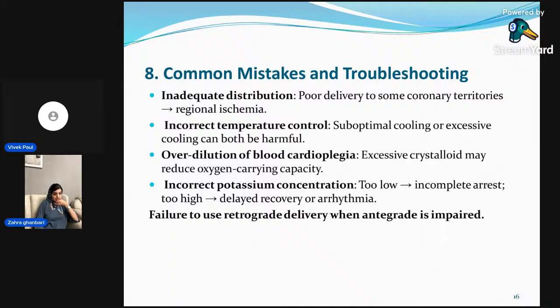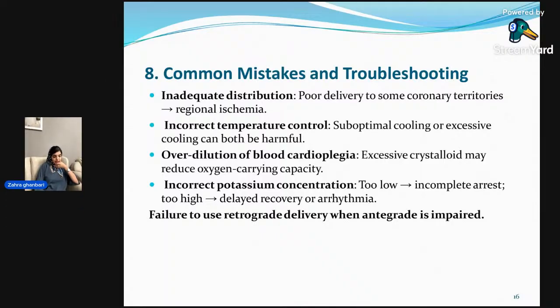In patients with cerebrovascular, carotid, renal, or coronary disease, maintaining hematocrit around 25 to 28% is good. And if hematocrit drops too low during bypass, packed red blood cell transfusion may be needed.